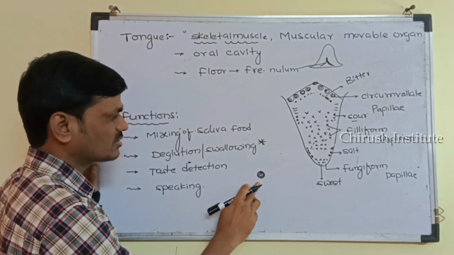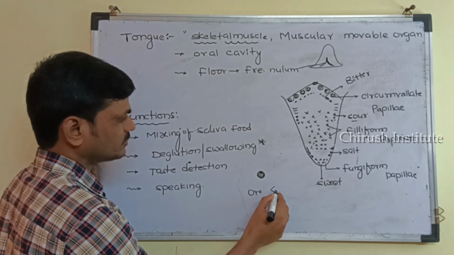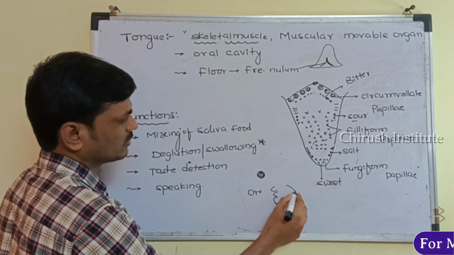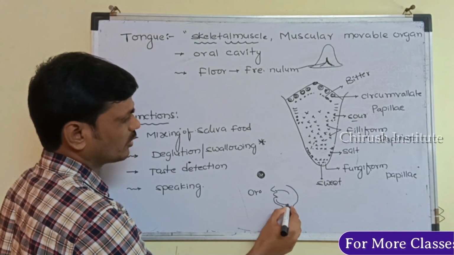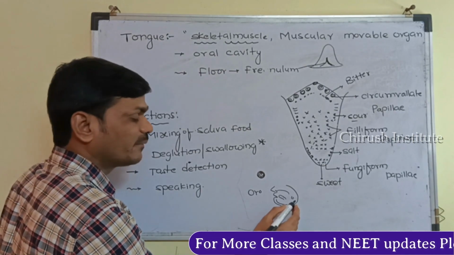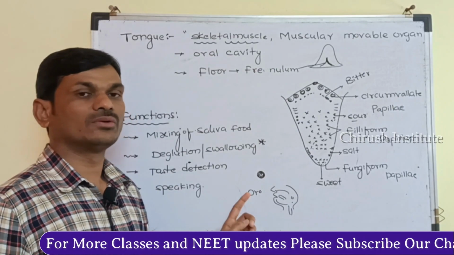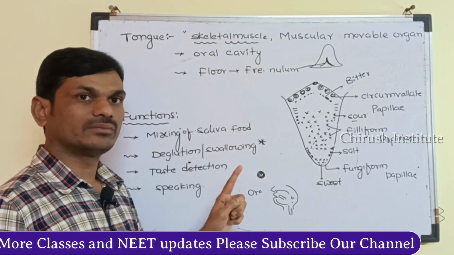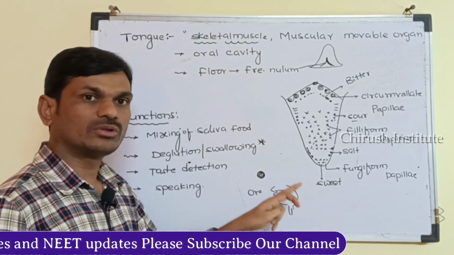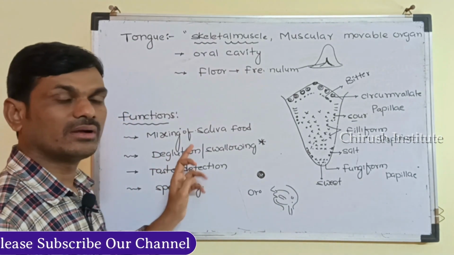These ball-like structures pass through the oral cavity. The food from the oral cavity enters into the pharynx, and from the pharynx it enters into the esophagus. That entry of the food from the oral cavity through the pharynx into the esophagus is called swallowing or deglutition.